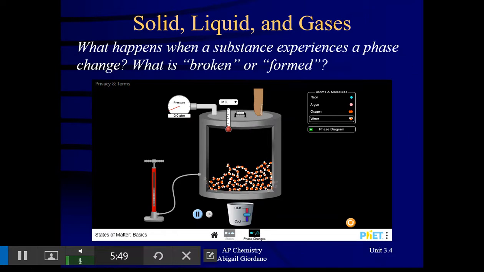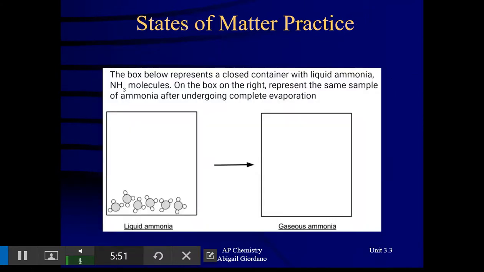Now, what might an AP question look like in terms of states of matter and going through phase changes? It might look something like this. This question says, the box below represents a closed container with liquid ammonia. You can see the little ammonia particles.